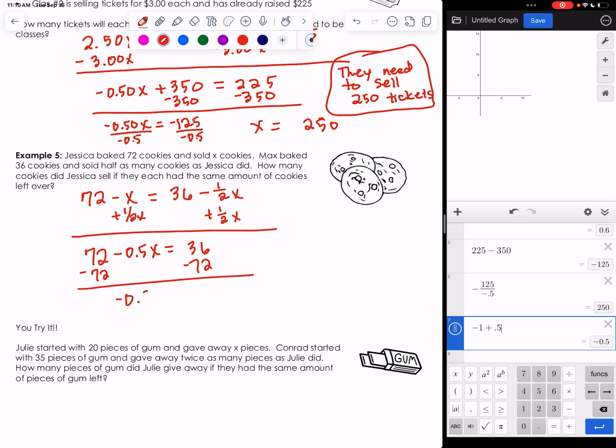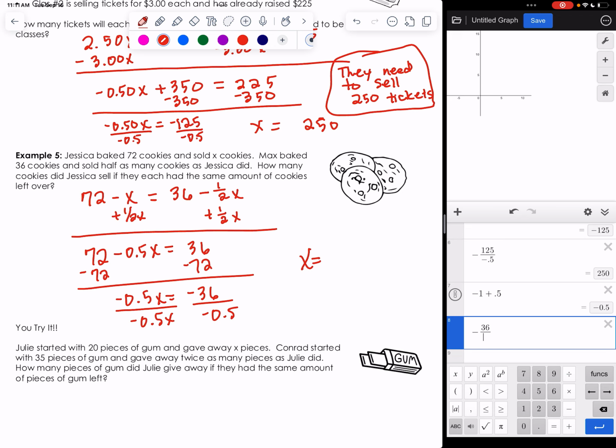So negative 0.5x equals negative 36, and then divide. So negative 36 divided by negative 0.5 gives me 72 cookies. So Jessica sold 72 cookies.